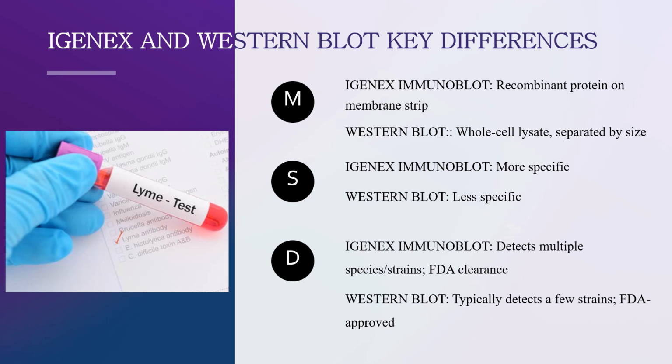Now, these target proteins, when you look at a test, you're going to see a small p and a set of numbers behind it, and those are to detect the target proteins, otherwise known as bands. It could be P18, P23, P30, 39, 41, 45, 58, 66, 93. But it also detects OSPA, OSPC, OSPF, and then also C6 antigens.